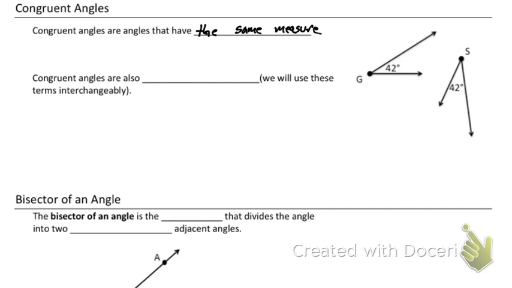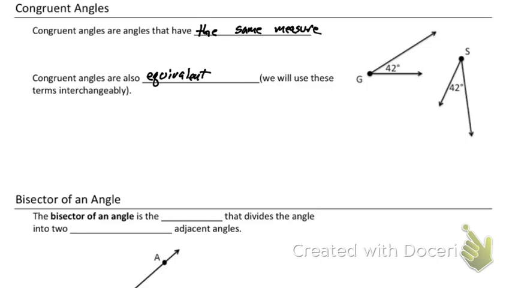They're both congruent. This is just a little note. Congruent angles are also called equivalent. So if you see the word equivalent, it's the same thing as congruent. It's just a little note to yourself that when I say it in the notes or something like that, I mean the exact same thing. Congruent and equivalent mean the same thing.